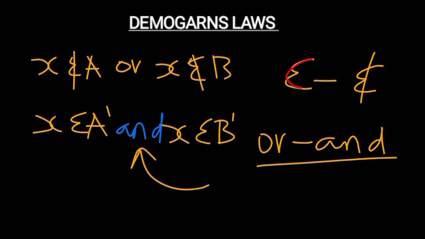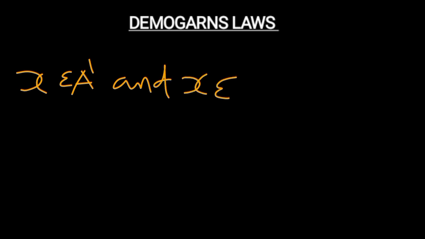We have seen now that here X is a member of is common. Even here X is a member of is common. So what can we do there? We just factorize. So we had X is a member of A complement and X is a member of B complement, like that.